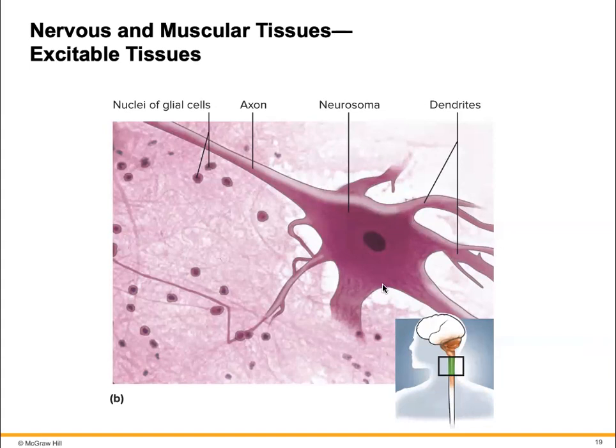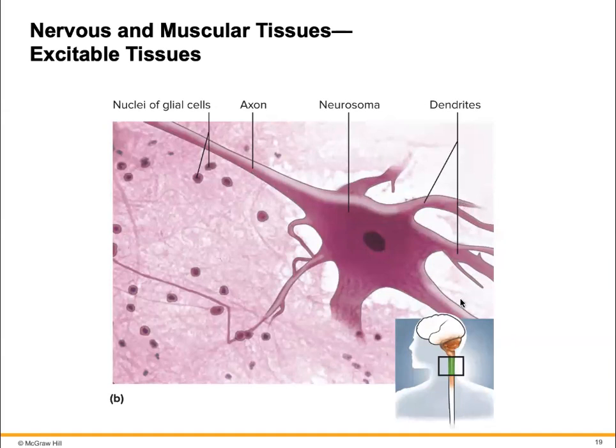Now, a neuron has some major components to it. The neurosoma is the main cell body of the cell that includes the nucleus. And this particular region is where most of the organelles are found, with the exception of some endoplasmic reticulum and mitochondria further down, and ribosomes.